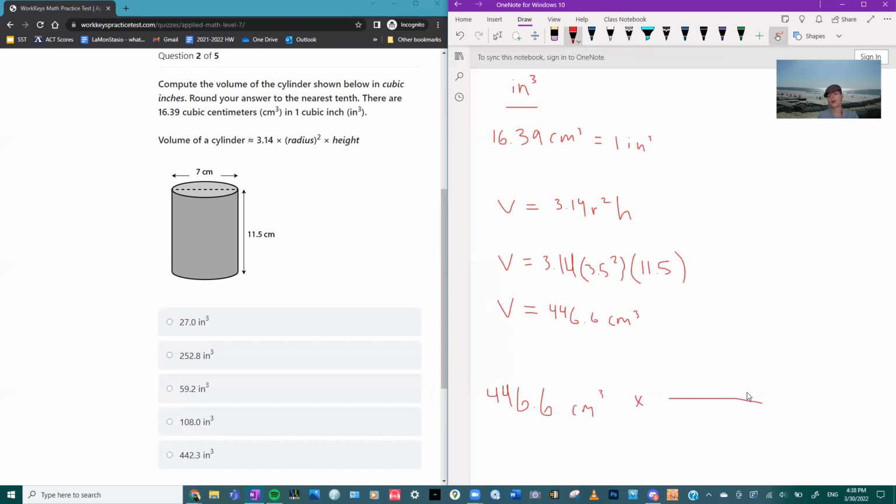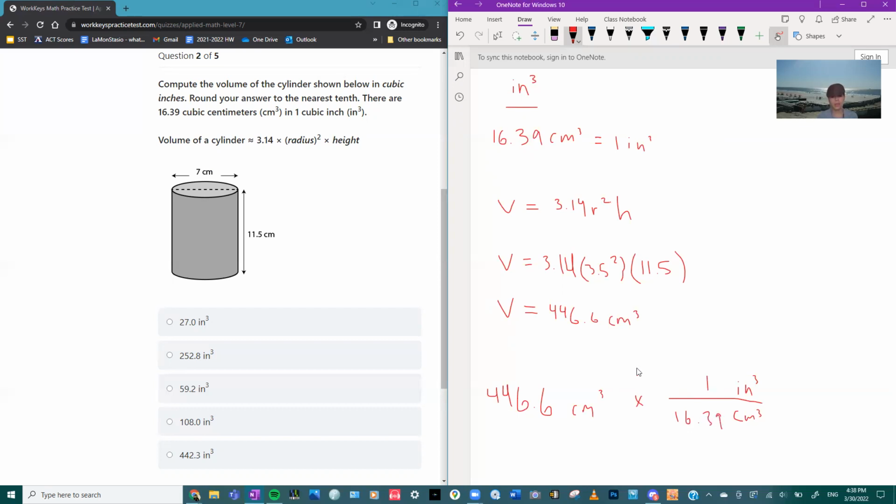All right, and remember on the top is what you want. We want inches cubed. On the bottom is what you don't want. We don't want centimeters cubed anymore. And then you put numbers beside them that are on the conversion factor, all right? 16.39, we put that with the inches cubed. And then we put the 1 with the inches, or sorry, I did that backwards, sorry. 1 for the inches cubed and 16.39 for the centimeters cubed.